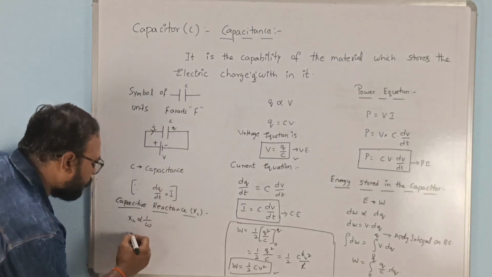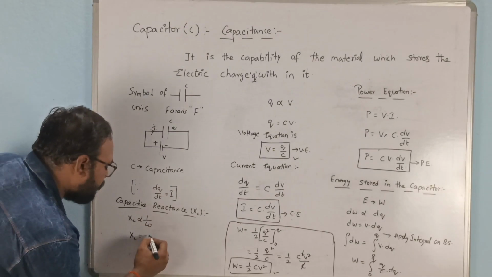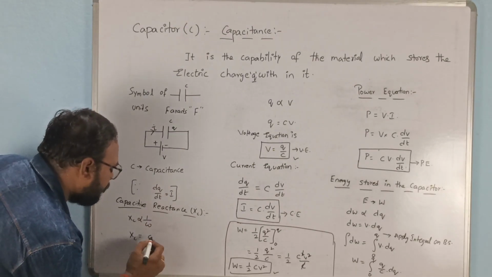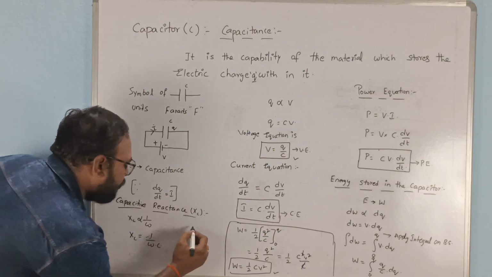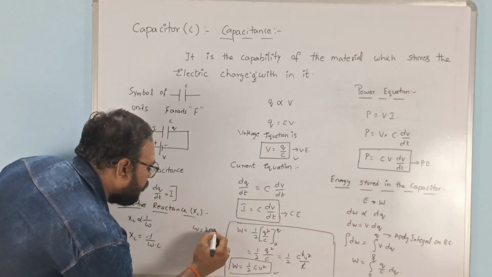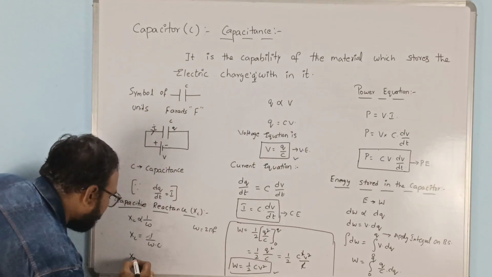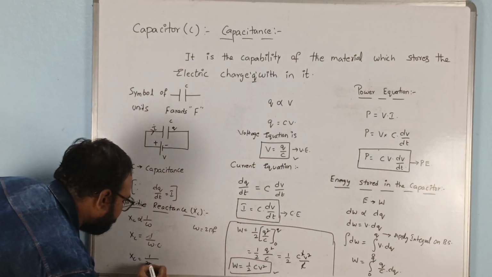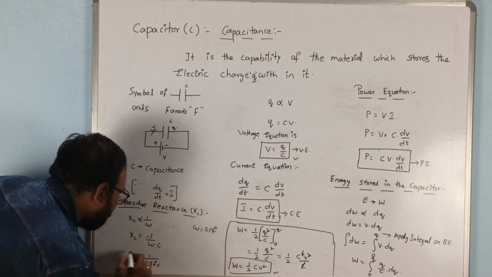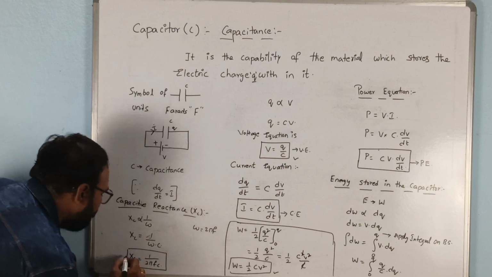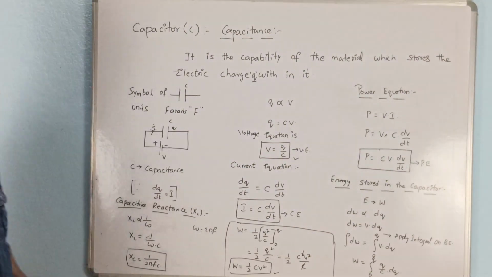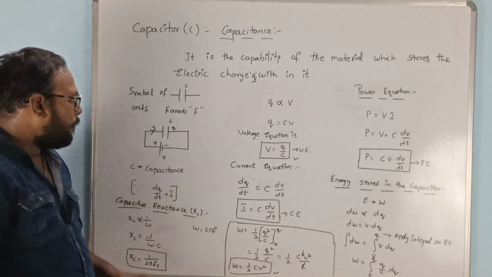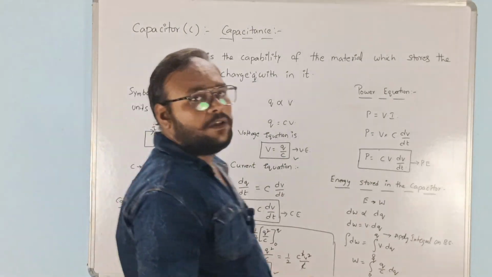To remove this proportionality constant, we write XC is equal to 1 by omega into C. And we know that omega is equal to 2 pi F. So XC is equal to 1 by 2 pi FC. This is all about the capacitive reactance of the capacitor.